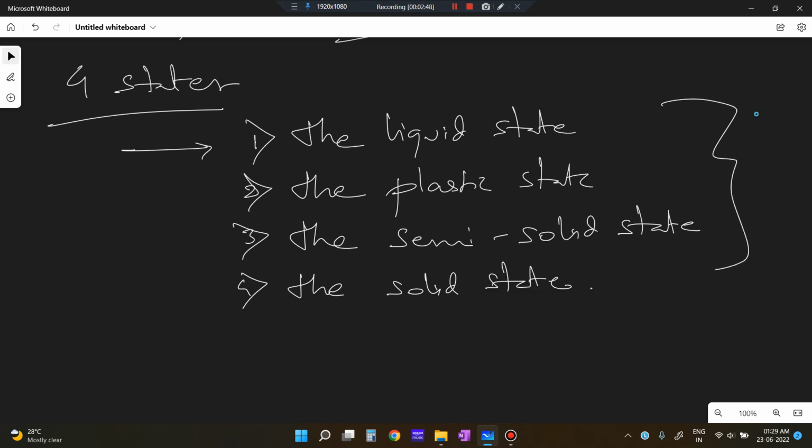Now, there are some boundary water contents at which the clay soil sample undergoes a change from one state to another.